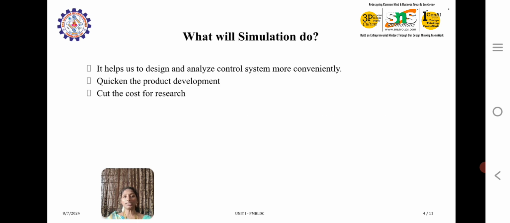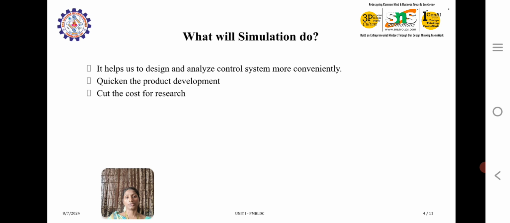So what will simulation do? In simulation we can conveniently design and analyze the control system, and we can make changes more easily compared to the experimental setup. There is a possibility of quickening product development, so if we want to develop a product, using simulation we can develop it easily, since we can change the values and analyze the design easily.